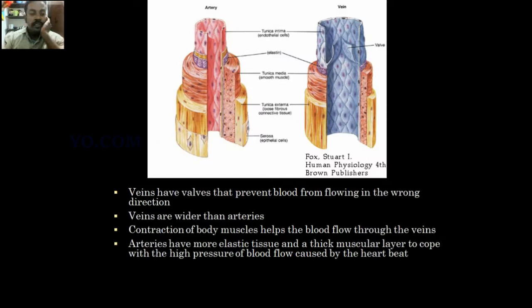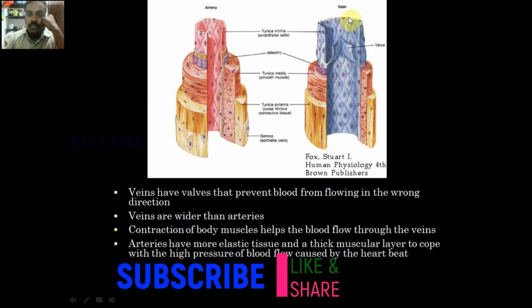Then this is a vein and an artery. Veins have valves that prevent the blood from flowing in the wrong direction. This is a vein, and here is a valve. This valve allows the blood to flow in this direction, upward.